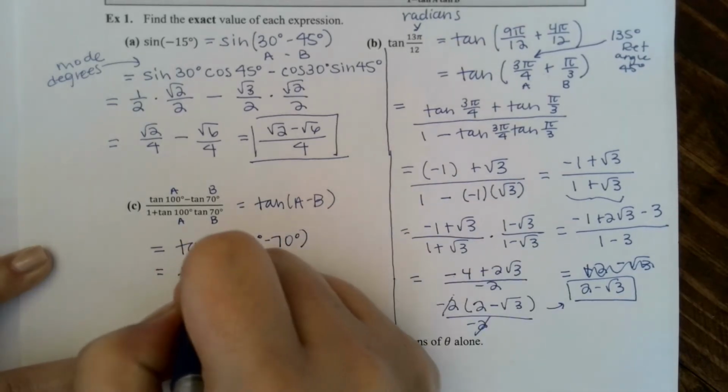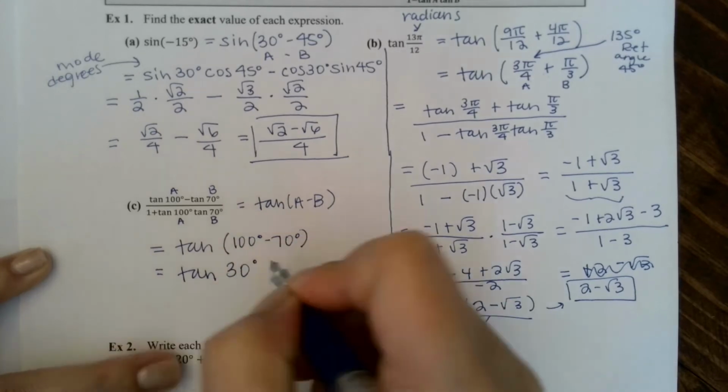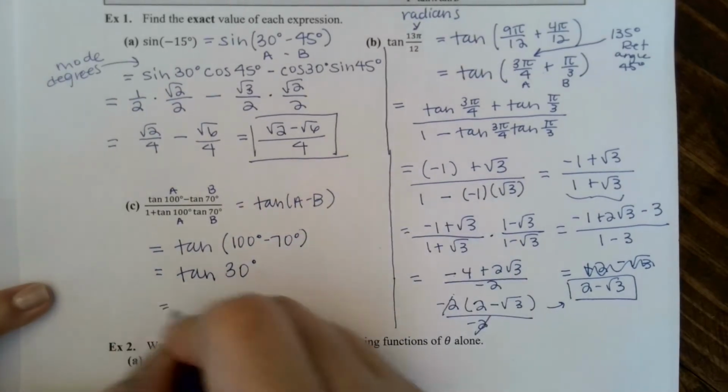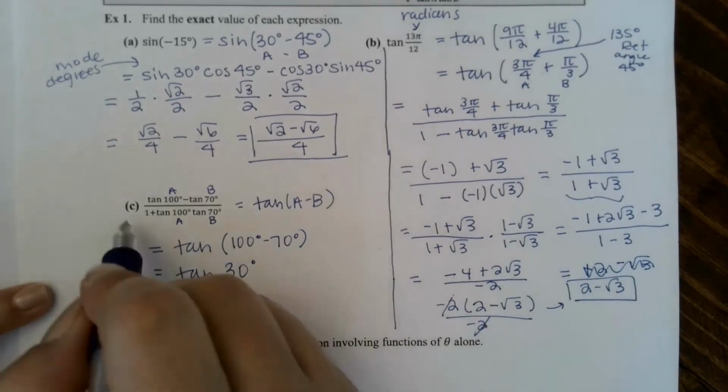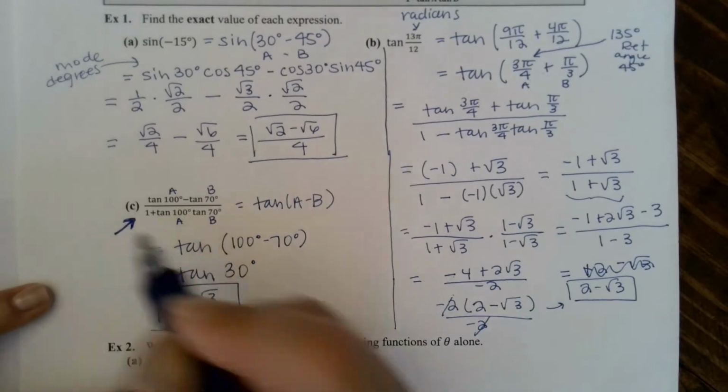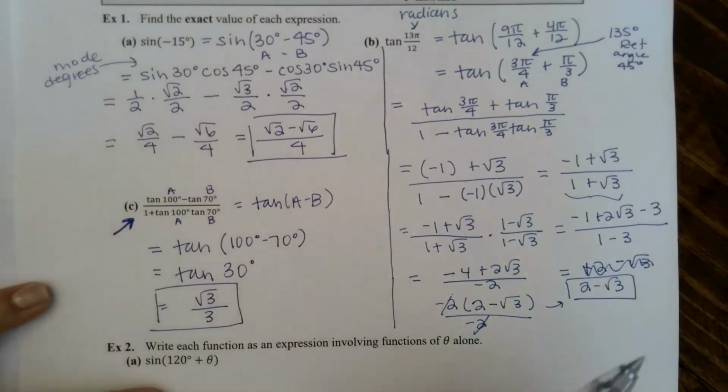So it's going to give me tangent of 30 degrees, which is equal to square root of 3 over 3. Okay, so we just noticed that this was in the form of a difference identity for tangent.